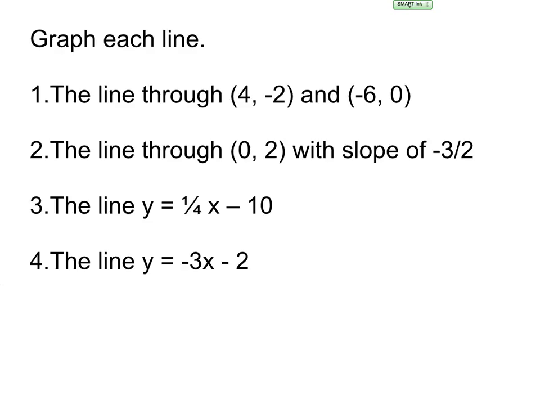So again, compare with the neighbor. See if they are slanted the same way, going to the same point.